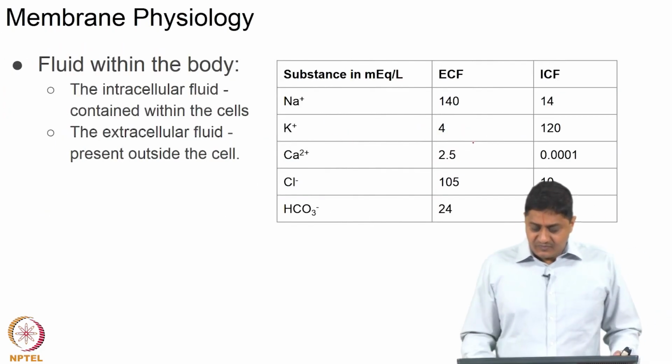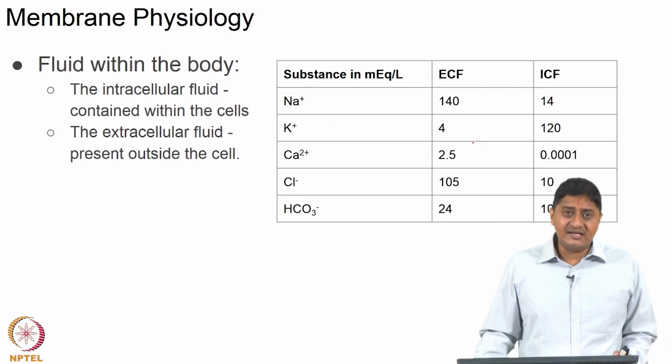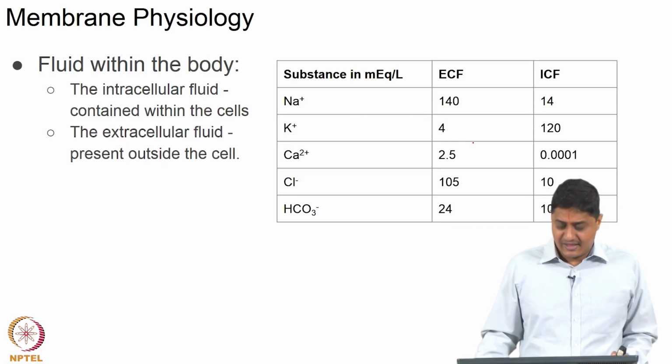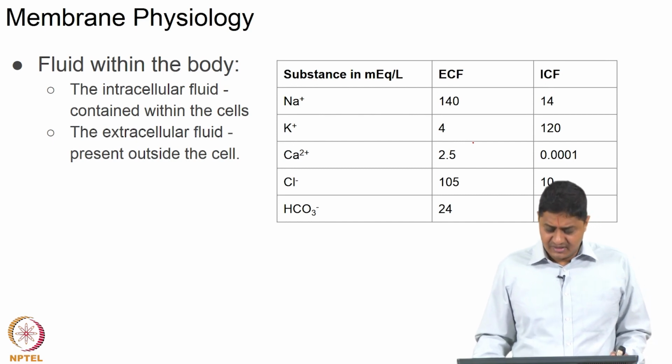Excitable cells are a subclass of cells and they maintain a steady potential difference across their cell membrane. Typical concentrations of different substances in excitable cells, for example, are given in this table.